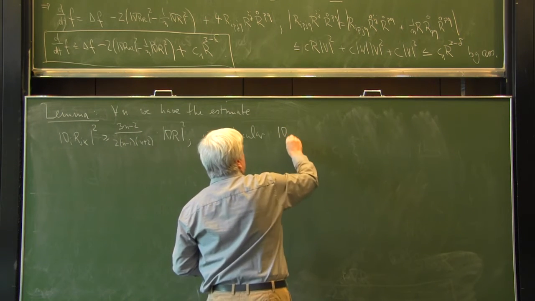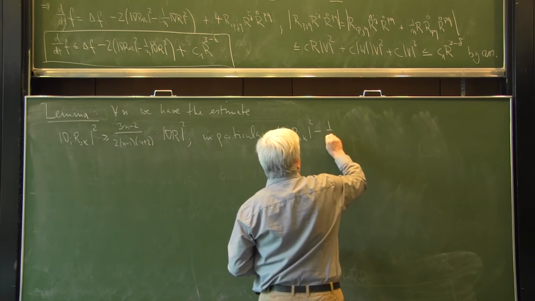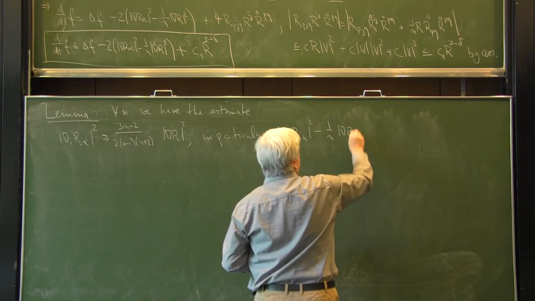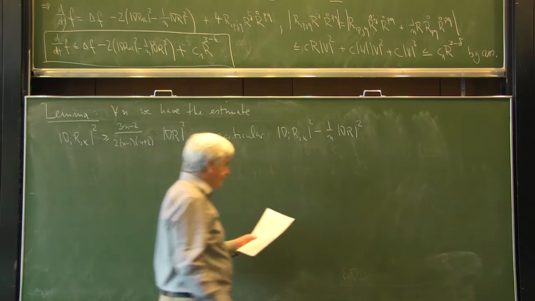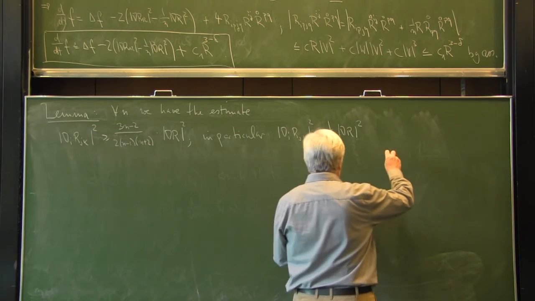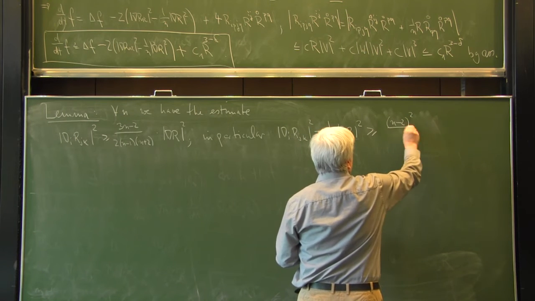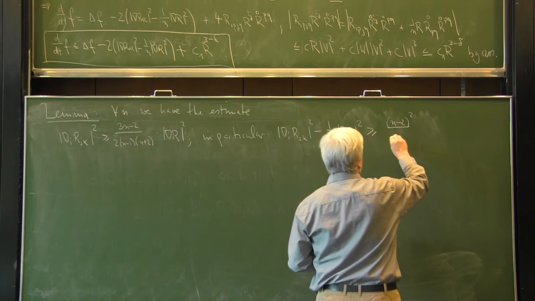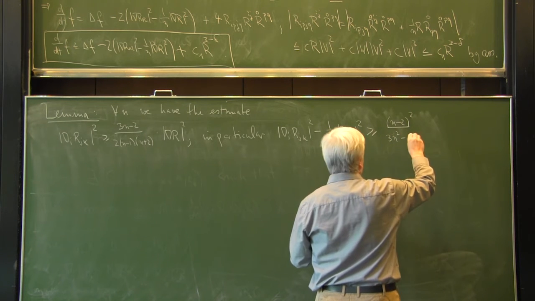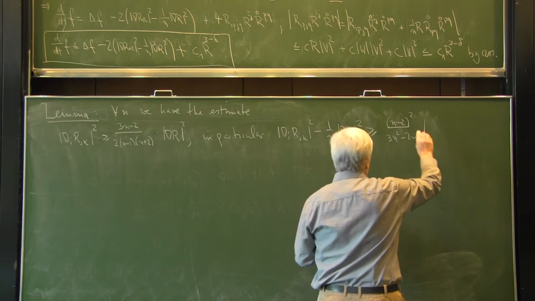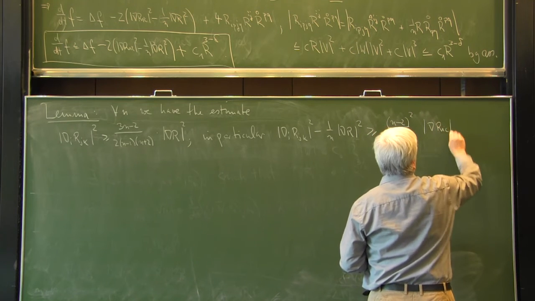the gradient of the Ricci tensor squared minus 1 on n gradient R squared, which is the good term in our computation, is bigger than (n minus 2) squared divided by (3n squared minus 2n) times gradient of Ricci squared.